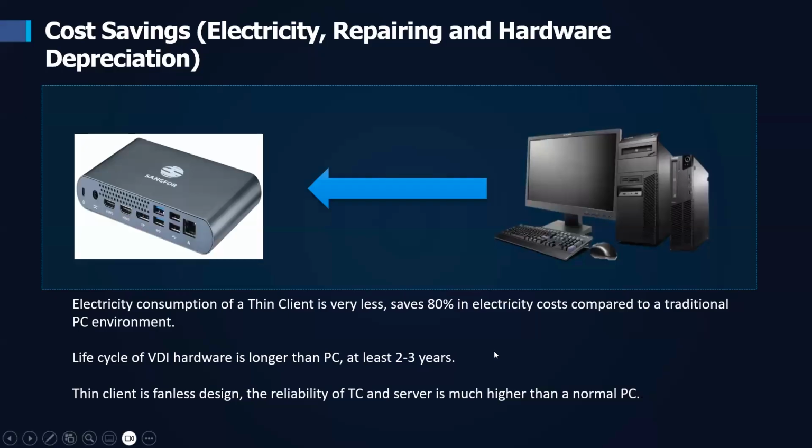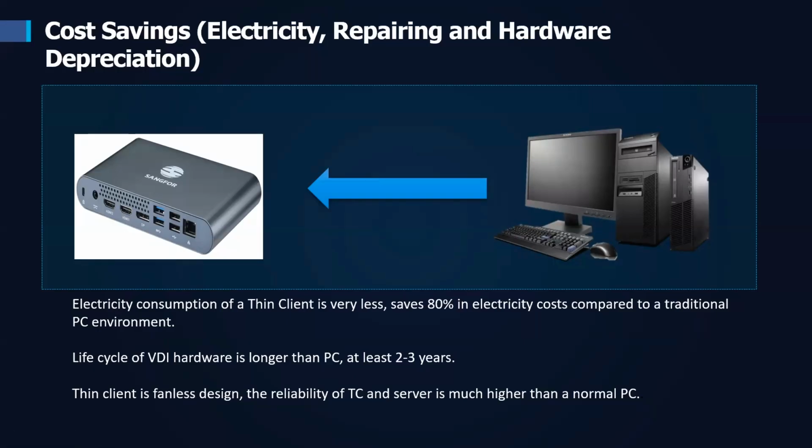As I mentioned, you can save your cost and electricity consumption. Our own thin client can save 80% of electricity compared with a traditional PC. The life cycle of VDI hardware is very long as they are using fanless technology.